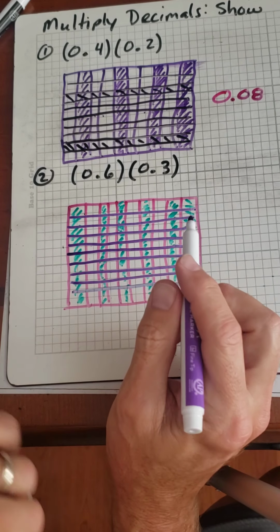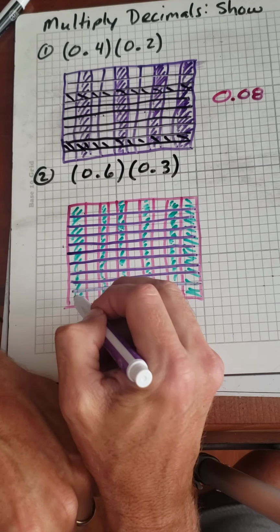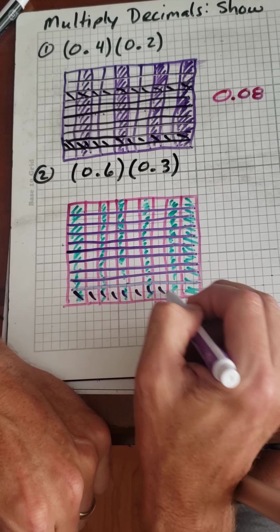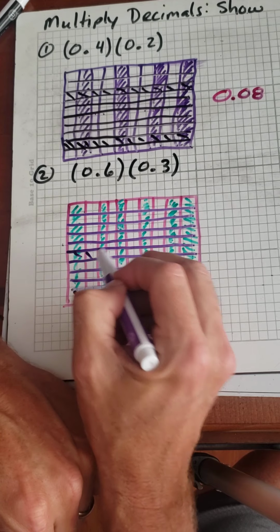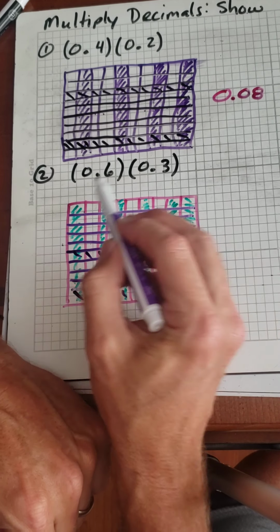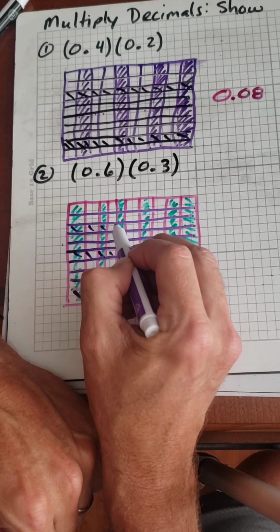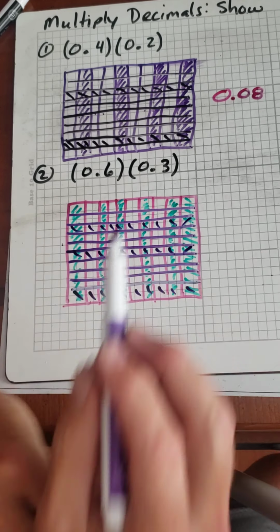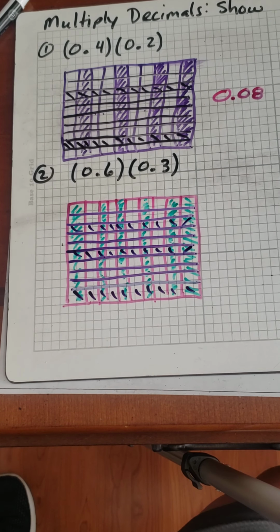So I've got 3 of these tenths need to be shaded. So there's one of my tenths right there. We'll make this another one of my tenths. And we'll do that one right there as another one of my tenths. Okay. So once again, just like before, the answer is where I have double shaded regions.